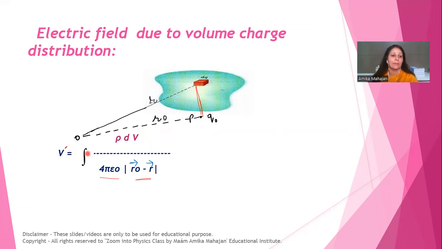When I don't put integration, it will be dV, the small potential due to the small element. When I have to consider the whole volume charge distribution, then I will integrate, and V dash equals the integral of rho dV over 4 pi epsilon naught, with the magnitude of r naught minus r in the denominator.